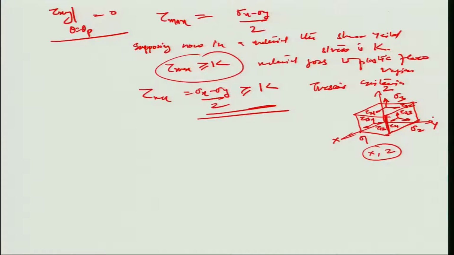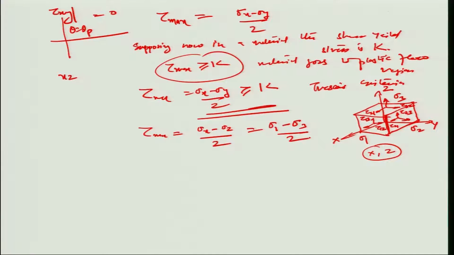So in all these cases we would really consider rather than the xy plane the xz plane, and so tau max in this case would actually happen to be sigma x minus sigma z by 2, okay, and along the principal direction, and so therefore this can be recorded in any event as sigma 1 minus sigma 3 by 2.